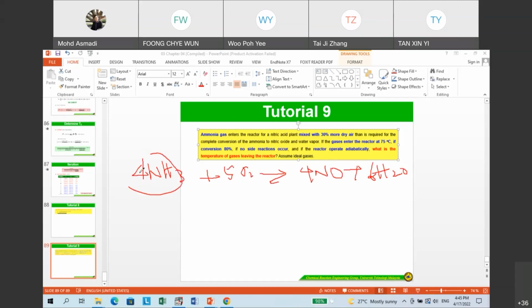Okay, so basis is 4 mole of ammonia. So you said that 30% of dry air, all you have to do is calculate similarly. Okay, from the equations, there will be a number of oxygen enter. So meaning that 1.3 times with 5. Okay, this is for oxygen.